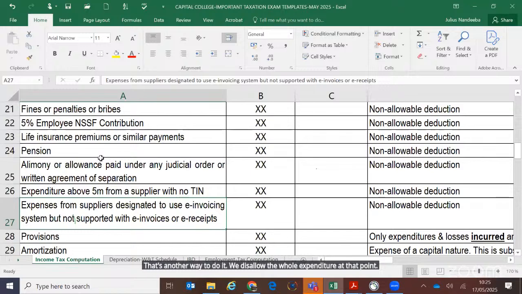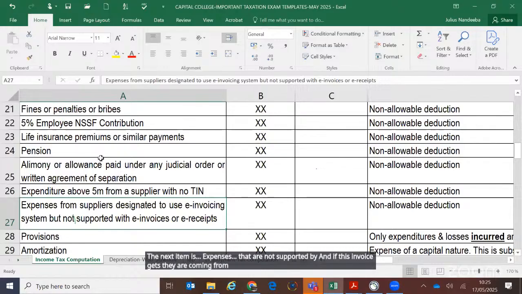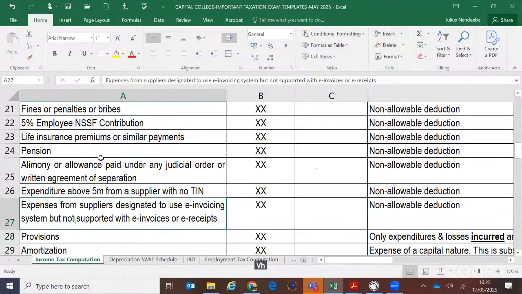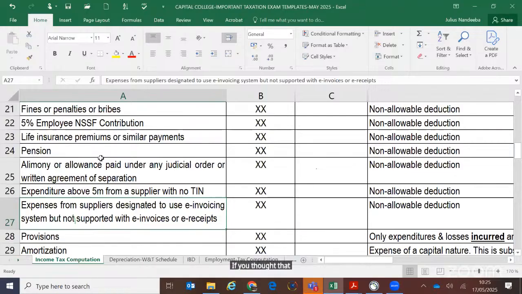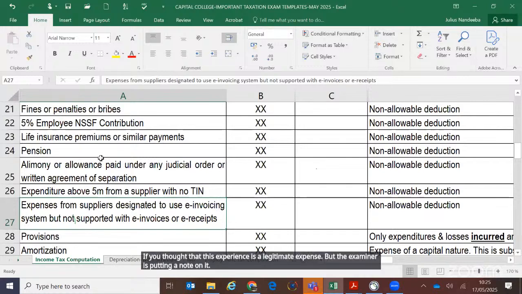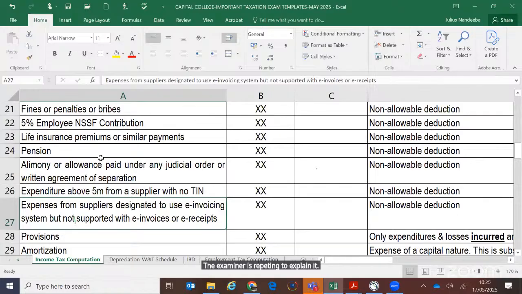The next item is expenses that are not supported by an IFRS invoice, yet they are coming from persons who are registered for VAT. These are free marks because, you ask yourself, by the way, every time the examiner is explaining an item, even if I didn't know how to do it, if you thought that this expense is a legitimate expense, but the examiner is putting a note on it, the examiner is laboring to explain it, he's giving you a hint.